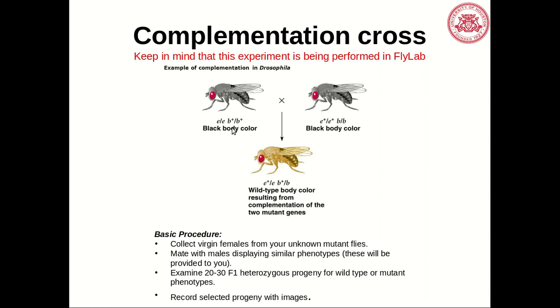A complementation doesn't mean you have to start with the mutants, though they do here. But if you do, the idea is to make sure that you have all normal or wild type looking flies. The phenotype looks normal in your F1. All right, and so you examine them, you count them, etc.